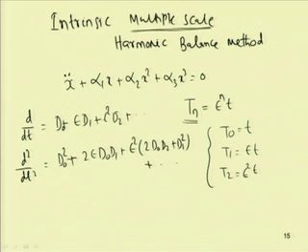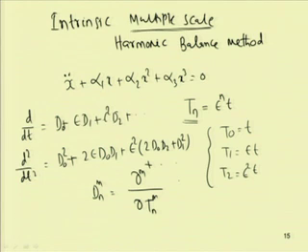Here D0 is d/dt0, similarly D1 equals d/dt1, and in general D_n^m equals ∂^m/∂t_n^m. In this way one can write.